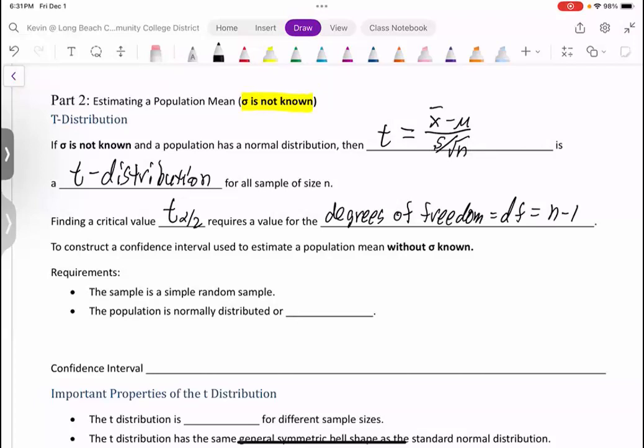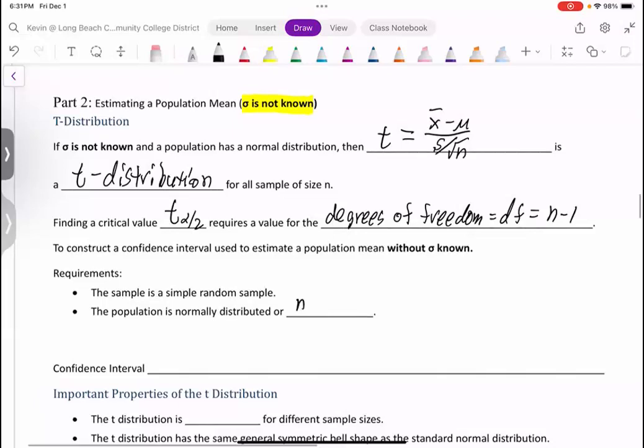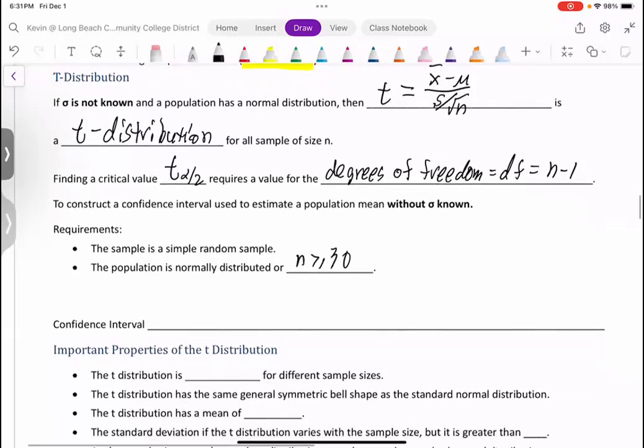And we're going to construct a confidence interval used to estimate the population mean without sigma known. The requirements: the sample is a simple random sample, and the population is normally distributed, or n has to be bigger than or equal to 30. Meaning if we don't know if it's normally distributed, or we know that it's not normally distributed, n has to be bigger than 30.